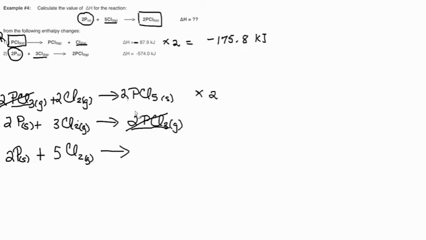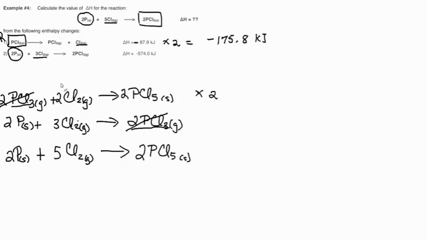And that's going to yield 2 PCl5 solids. Okay? So let's check and make sure this equation is our original equation. 2 phosphorus, 5 chlorines, and 2 PCl5s.